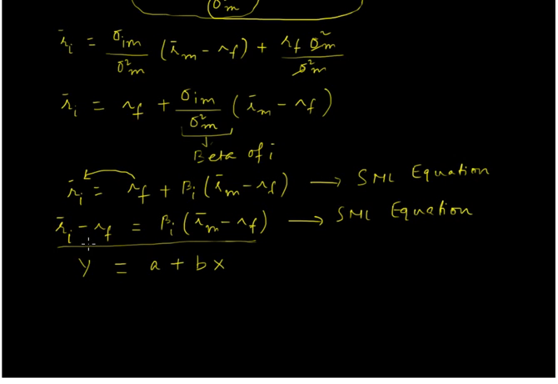This Ri bar minus Rf corresponds to this y. But in this equation, we don't have any intercept, which means that a, or the intercept, will have to be 0. And then this item maps to this b here, and this Rm minus Rf maps to this x here.